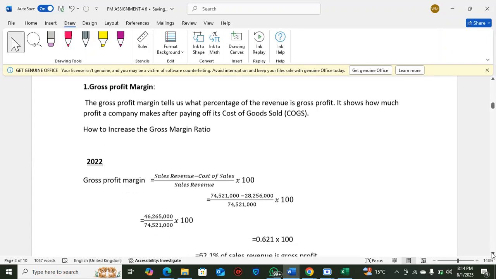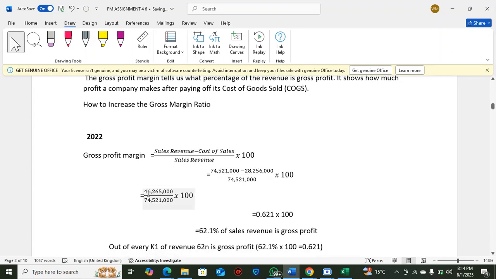So when we divide 46,265,000 kwacha by 74,521,000 kwacha, we get 0.621. As I said, with these ratios, you can interpret them as decimals or as percentages.